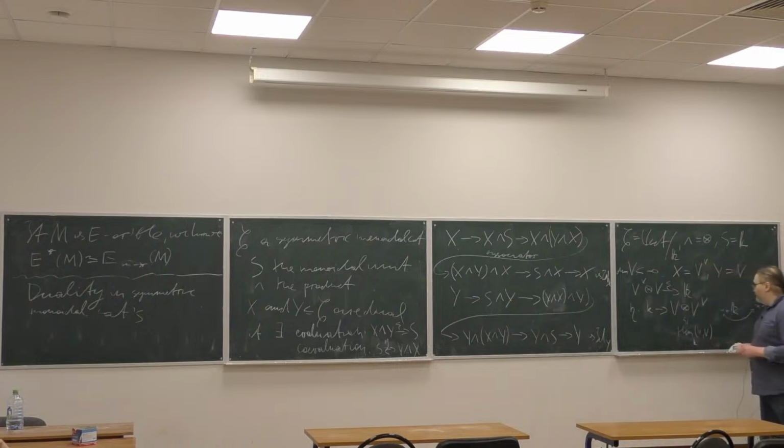Now, in order for this to make sense, we need this isomorphism. If V is infinite dimensional, then this isomorphism is no longer true.